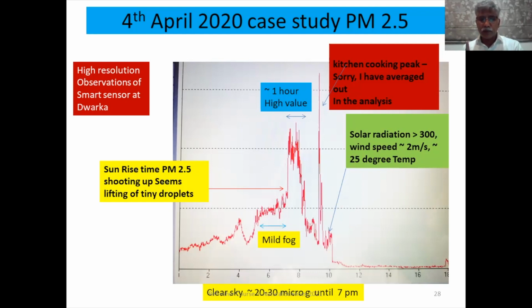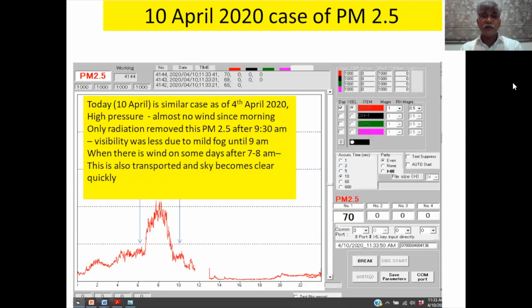I'll show you one more example, of 10th April 2020. This is exactly similar to what I mentioned before on 4th April. You could see that from 6 to 10, the values are very high, the same period when the tiny droplets are evaporating, mixing and going up.